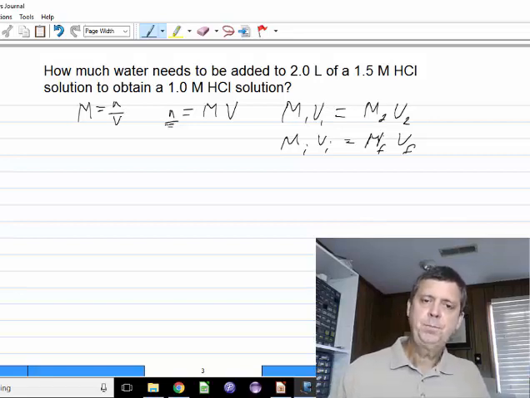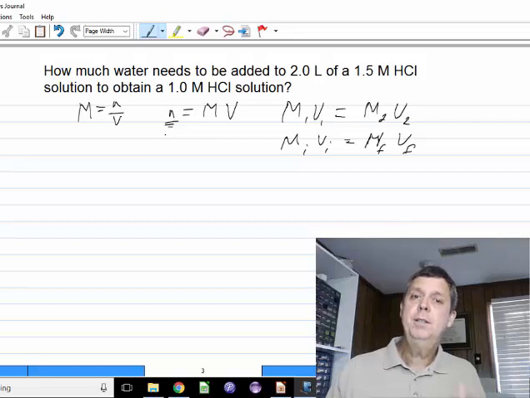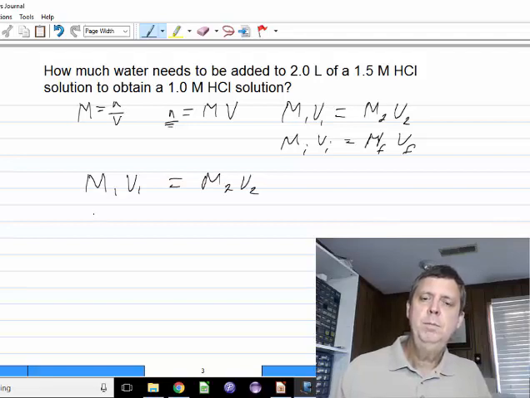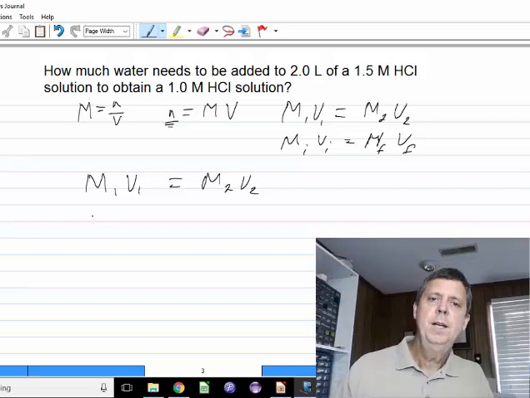So in this case, we just have to plug in the right values into the right constants. I'll rewrite this down here to give us some space. M1V1 equals M2V2. Well, M1, our initial molarity, is 1.50 molar HCl. Our initial volume is 2.0 liters.